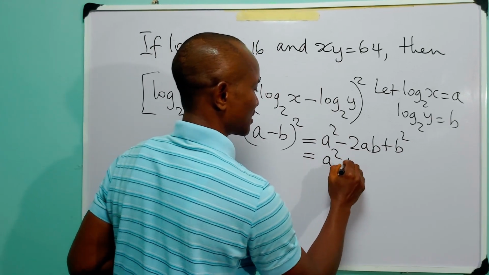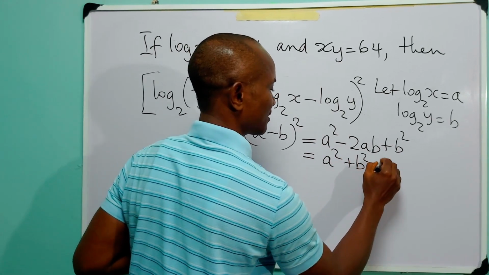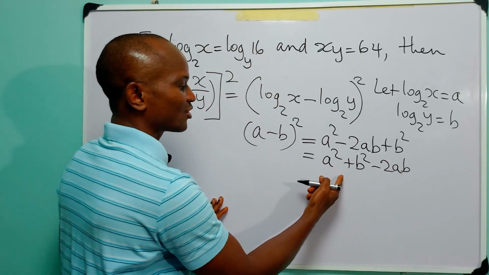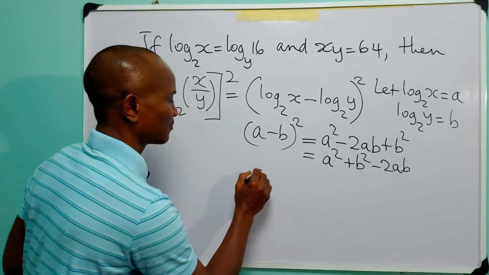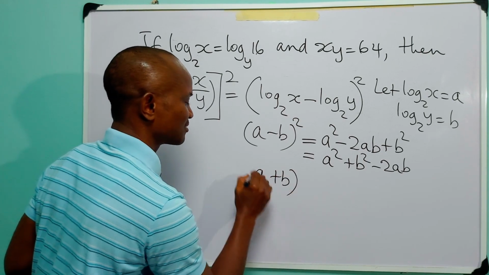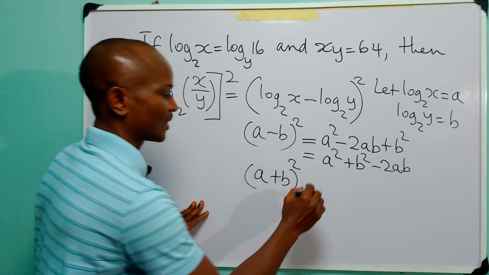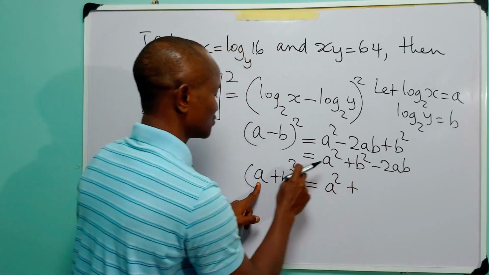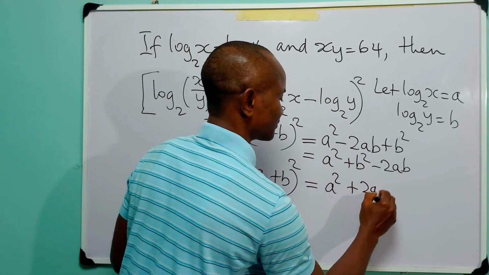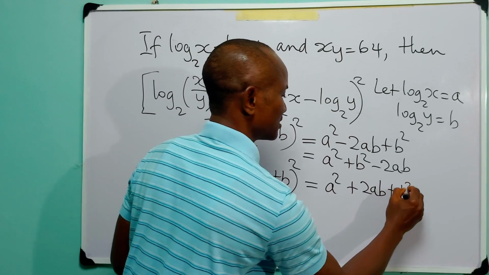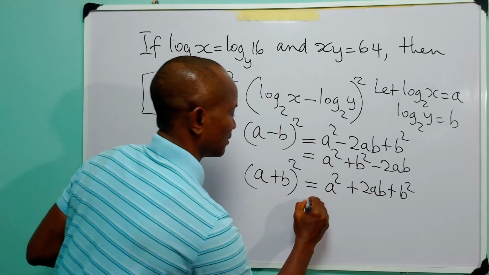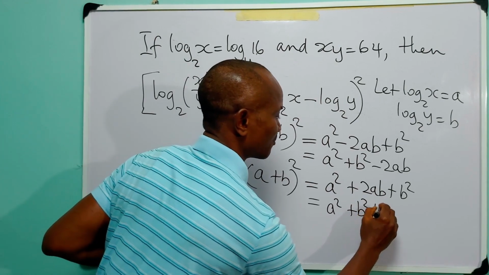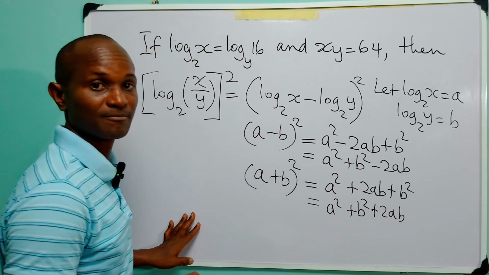That is a squared plus b squared minus 2ab. But let us look at the expansion for a plus b squared. This is a squared plus 2 times a times b plus b squared, that is a squared plus b squared plus 2ab.